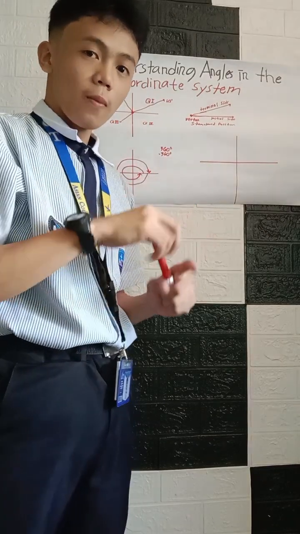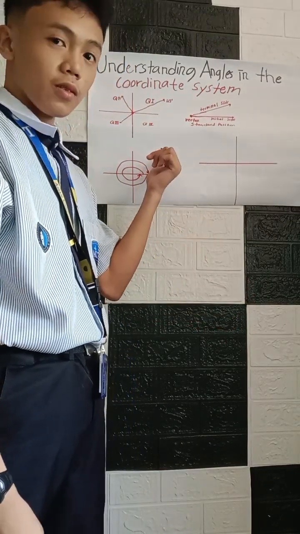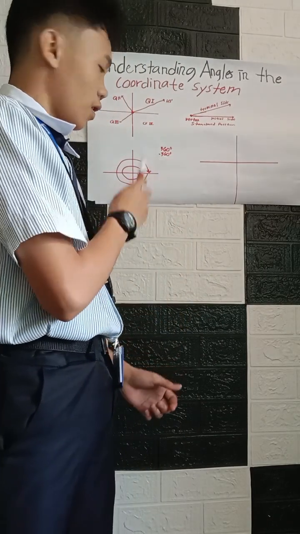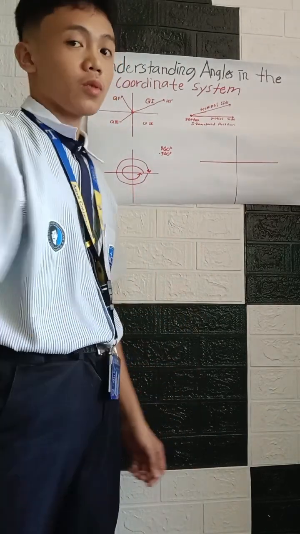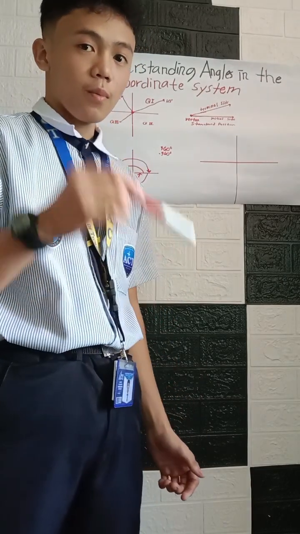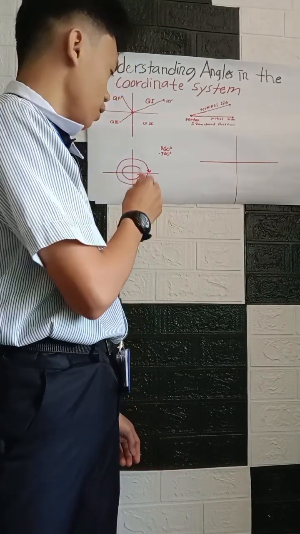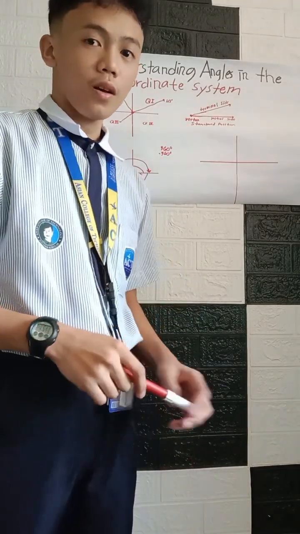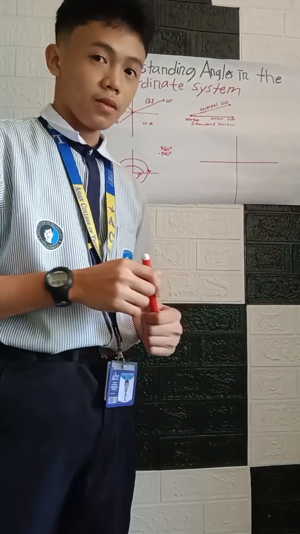So, why is it positive 360 degrees and negative 360 degrees? Because of our rules: if the angle is rotated counterclockwise, our angle is positive, and if the angle is rotated clockwise, our angle is negative.